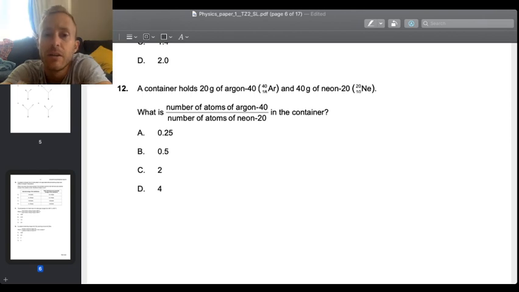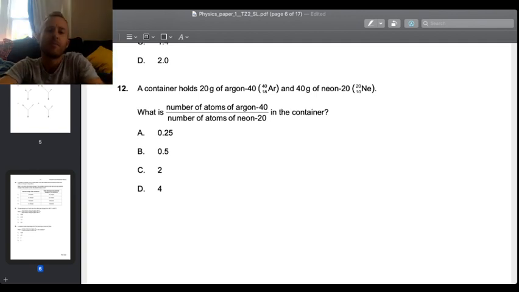Okay? So 20 grams of argon-40 would have half as many atoms.